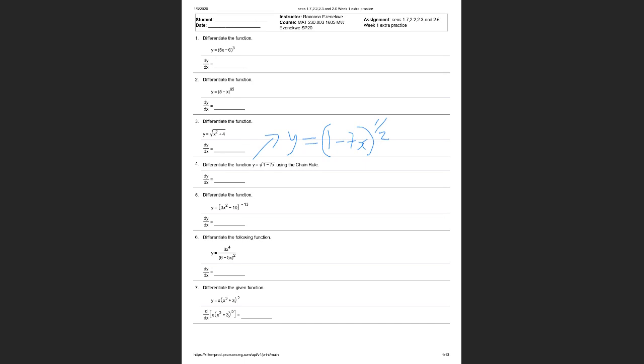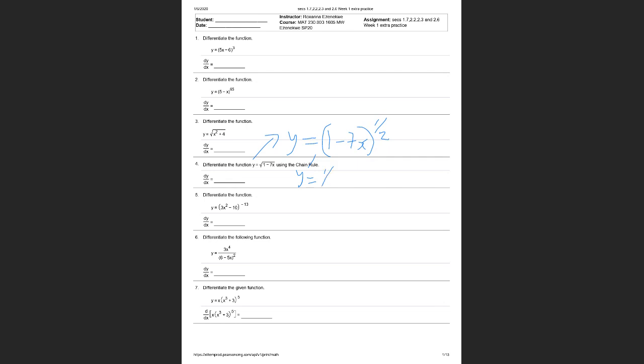Now the next thing I want to do is find the derivative. Y prime is equal to, because the exponent is outside the binomial function, it is chain rule. I'm going to apply the chain rule, and I'm already told to apply the chain rule. So finding the derivative, the power is 1/2.